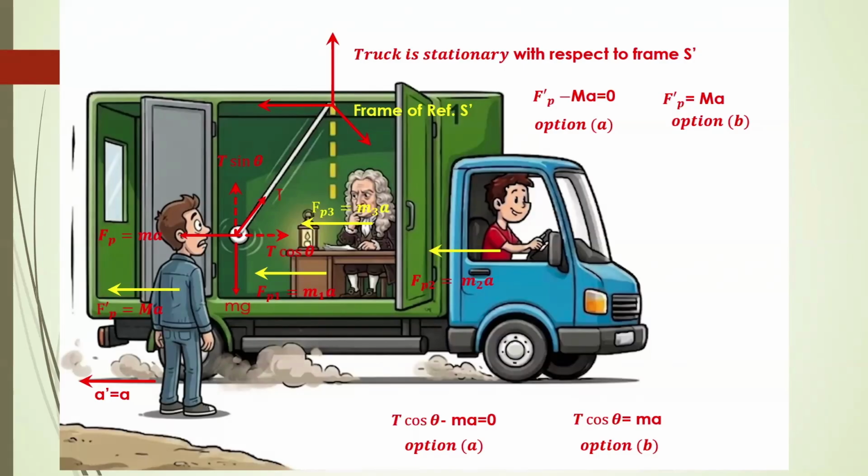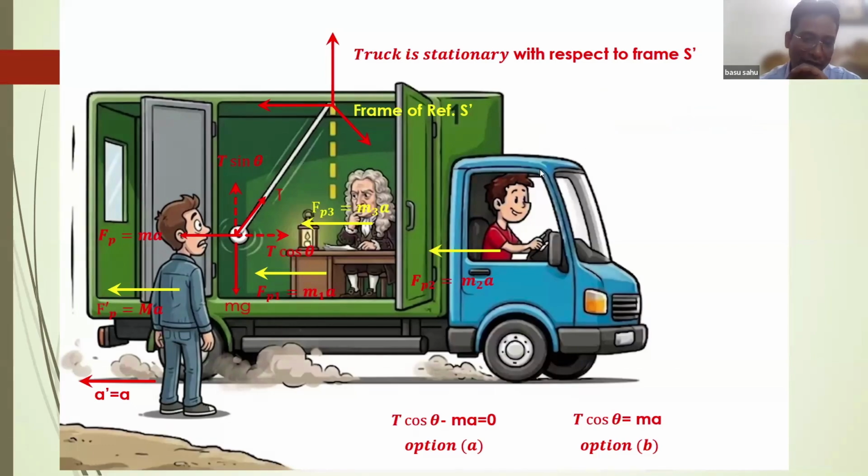Okay, let us move. On which body can this force be applied? Can we apply it on the driver, this cartoon of Newton, or the lantern table? Can we apply this pseudo force? All are inside the frame of reference which we have assumed. The truck is assumed as the frame of reference S dash.